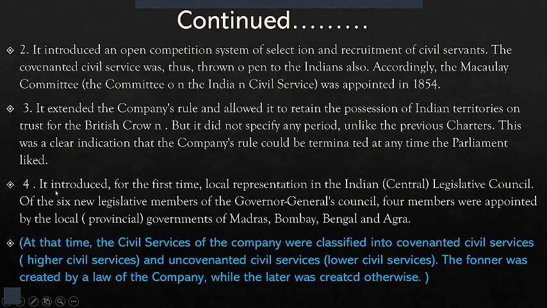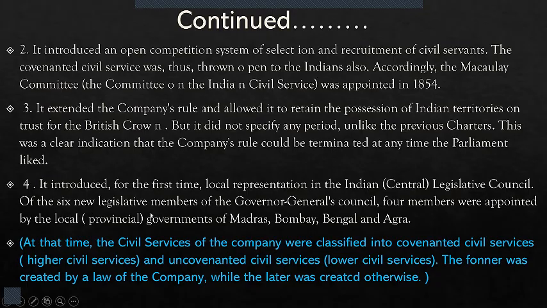Fourth, it introduced for the first time local representation in the Indian Central Legislative Council. From the second feature, we can see that open competition was introduced, and selection and recruitment of civil servants were there, and now the Indians could also participate in it. So now local representation is there also.